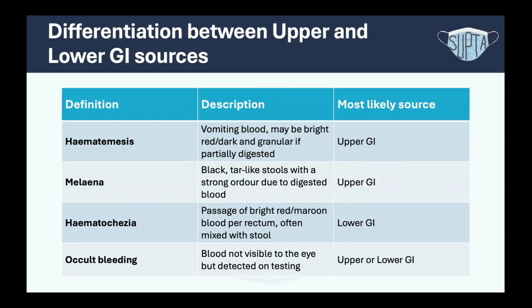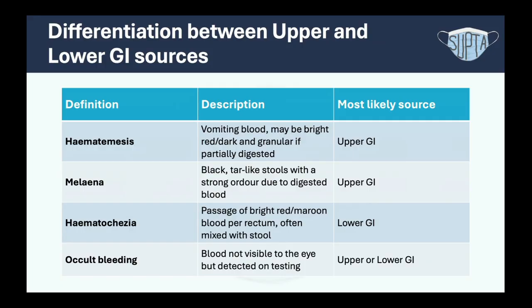Starting with hematemesis, meaning vomiting blood. If it's bright red, then it suggests fresh bleeding, meaning the blood hasn't been in contact with stomach acid for long, or it's a very rapid bleed. But if it's dark and granular, almost like coffee grounds, then it means that the blood has been partially digested by stomach acids. This points to an upper GI source, like bleeding from the esophagus or the stomach.